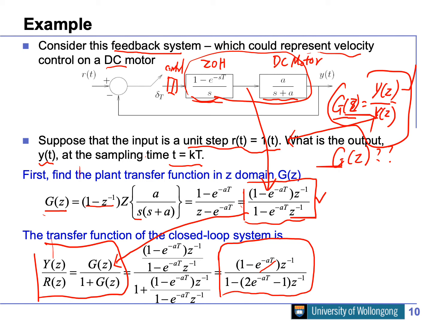You consider this just a constant, so it's not really so daunting actually. On the top basically is z minus 1 with a constant. At the bottom is 1 minus a constant multiplied by z minus a constant. So still pretty simple.